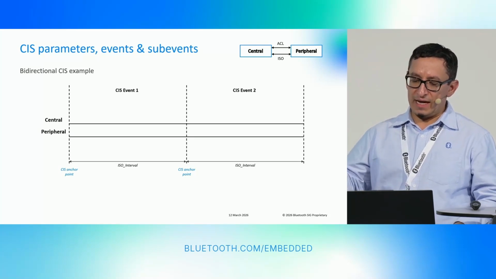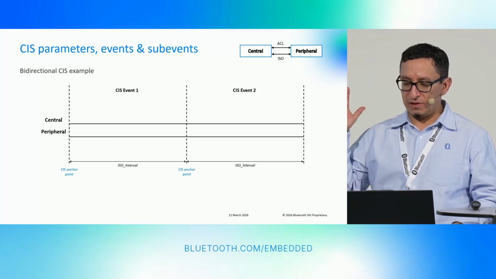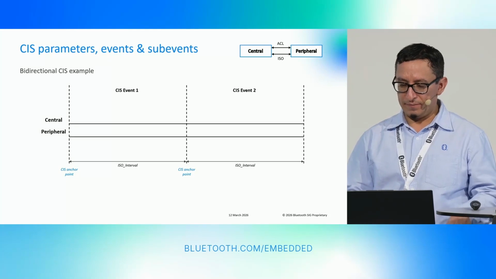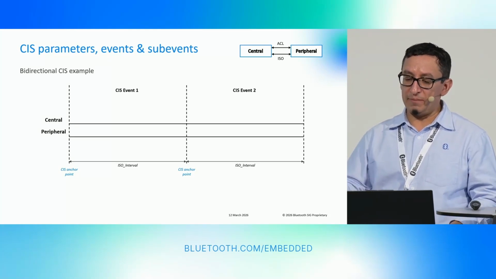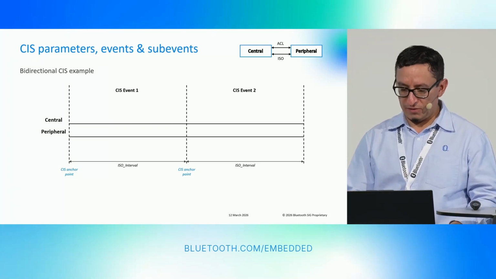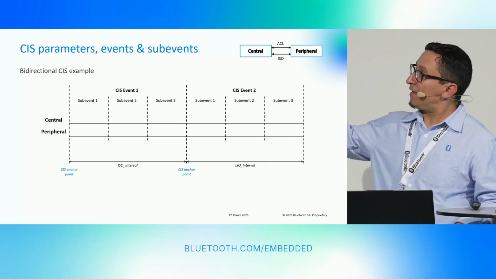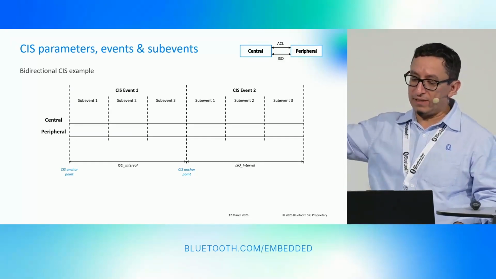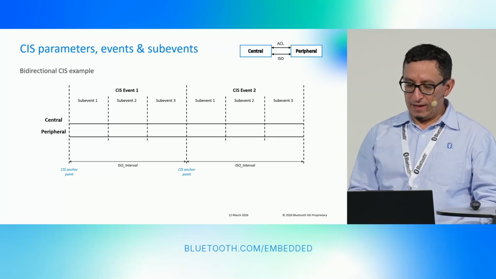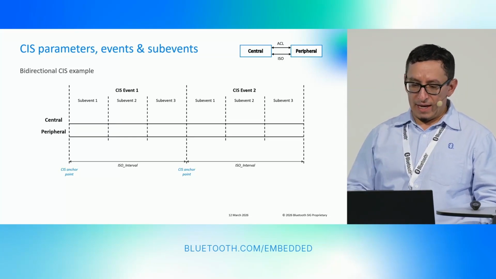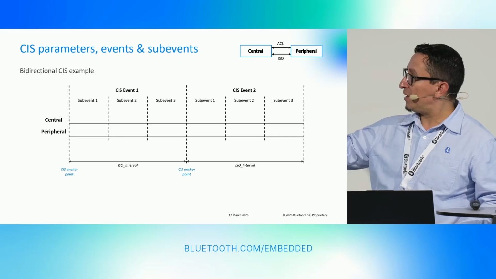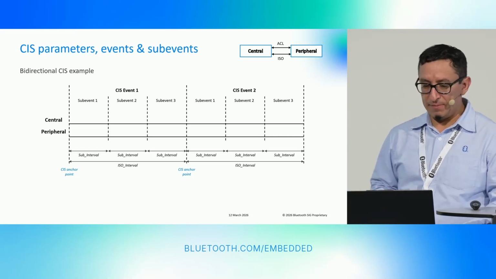CIS events end either with the last scheduled sub-event or earlier through specific bits that are transmitted by the central or peripheral device. But anyway, a CIS event, like I had mentioned, can be subdivided into sub-events. You can have up to 31, and the sub-events are spaced out by what's called the sub-interval.